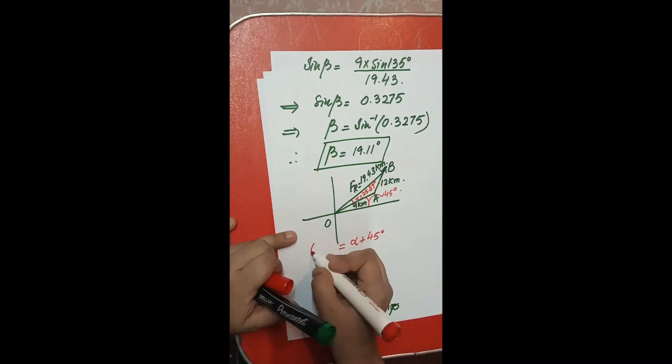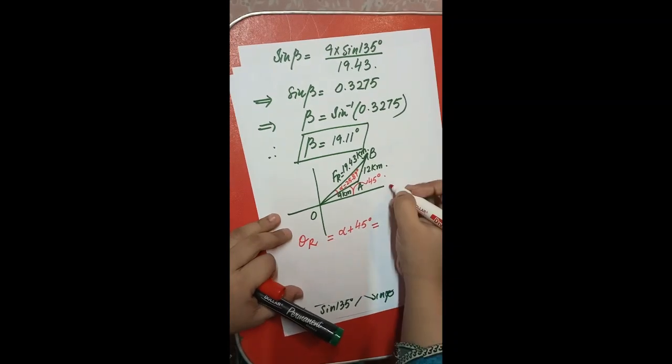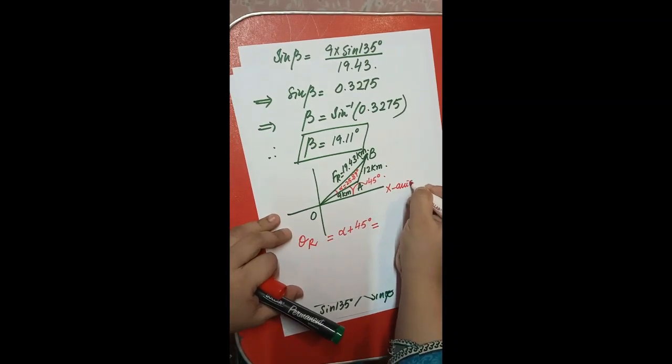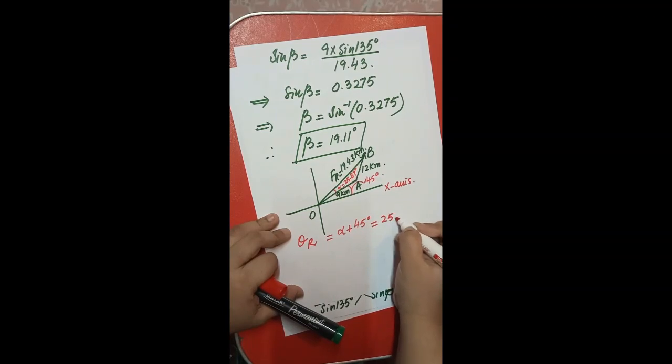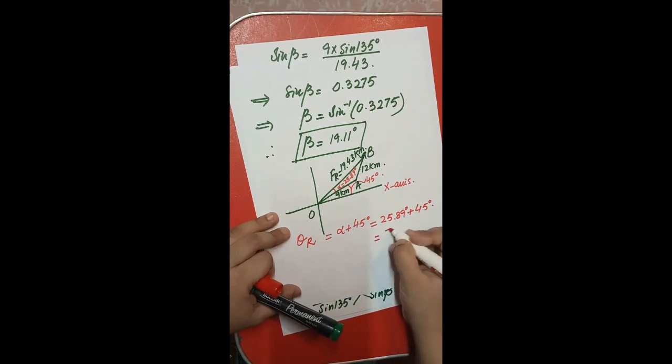So we will get theta r, resultant angle with respect to x-axis. So we have to add 25.89 degree plus 45 degree. So it comes out to be 70.89 degree.